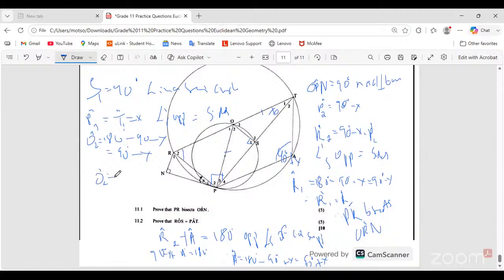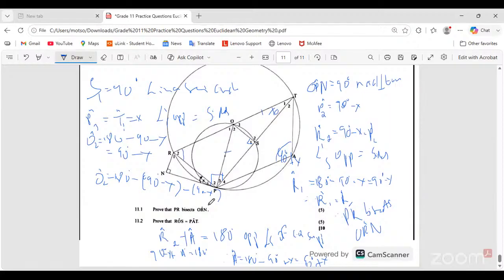O2 will be equal to 180 degrees minus this 90 minus x, the bracket 90 degrees minus x, okay, and minus this 90 minus x again, minus this 90 minus x again.